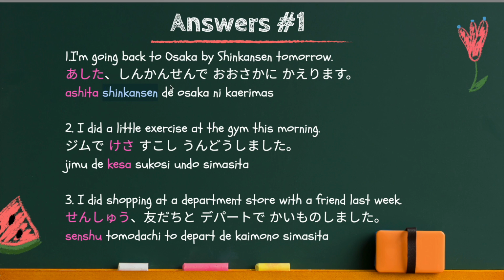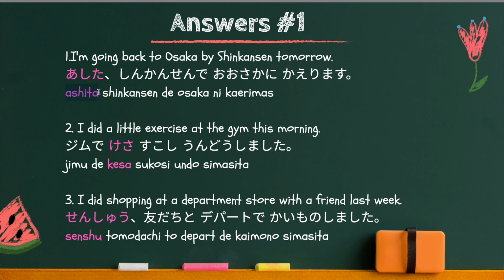And if you forgot how to use the de and ni particles, you can go back to the past lessons and review those 2 particles. And lastly, tomorrow is 明日. For this time expression, no particle is needed. You don't have to put the ni particle.